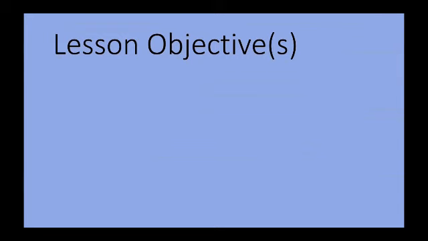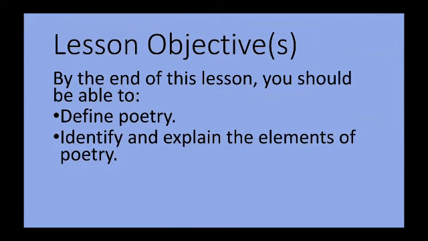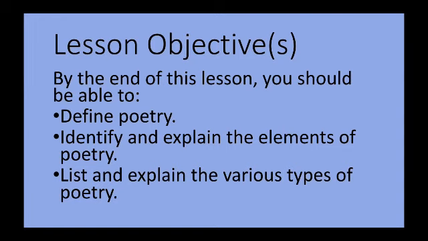By the end of this lesson, it is expected that you should be able to define poetry. Also, you should be able to explain the various elements of poetry and discuss robustly the types of poetry.